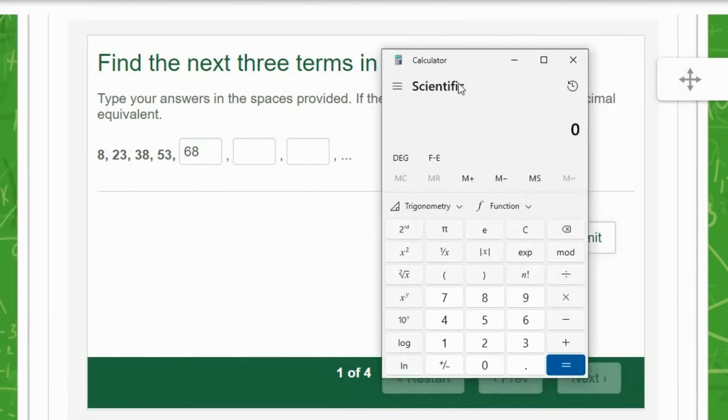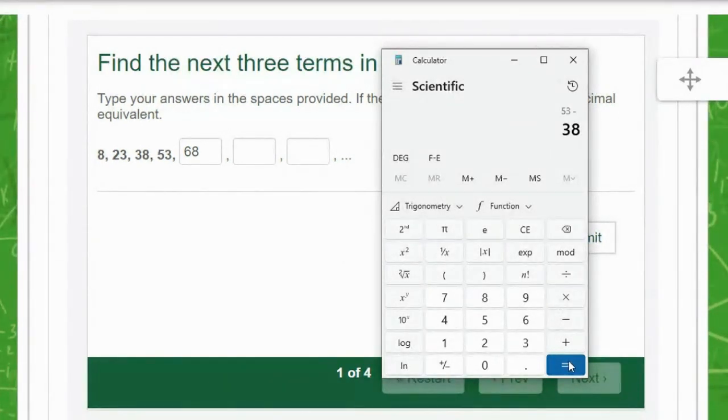So 23 minus 8. Apparently it went up 15. 38 minus 23. I'm betting Mary did this in her head here. Oh, it went up 15. 53 minus 38.